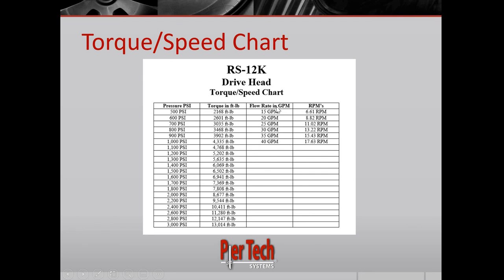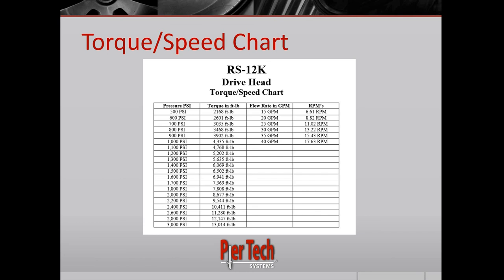So flow rate is directly related to the speed of your rotations per minute. At 20 gallons per minute on this drive head, it will rotate approximately 8.82 revolutions per minute. Vice versa, at approximately 15 revolutions per minute, you'll require 35 gallons per minute to get that speed. So that's how that drive head chart works.